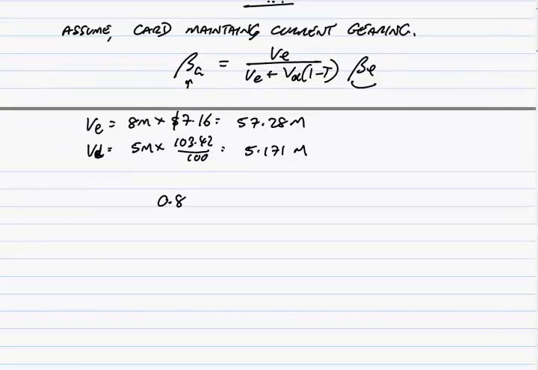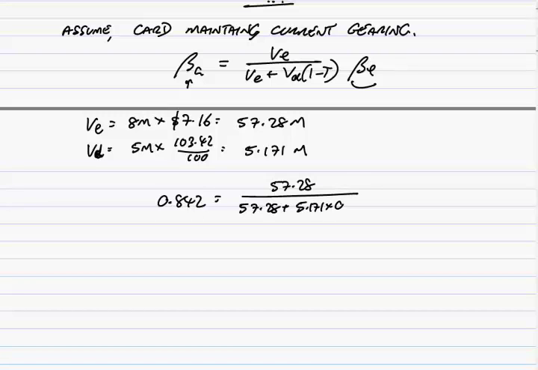The asset beta, 0.842, is VE over VE plus VD (1 minus T) times BE. 5.171 times 0.7 plus 57.28 gives 60.9.